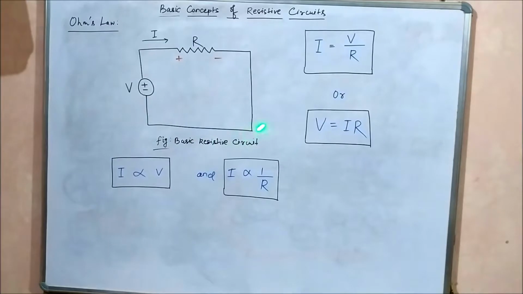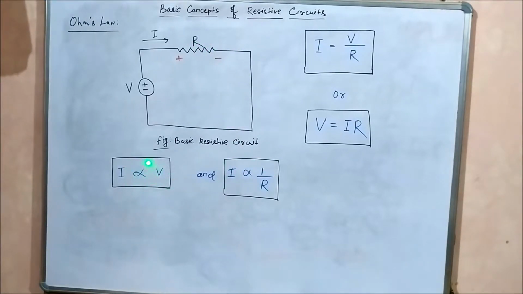Here in this circuit, V is the applied voltage, it is a DC voltage, we have the resistor R and we have the current flowing in this direction. The current flowing in this circuit is directly proportional to the applied voltage and inversely proportional to the resistance.